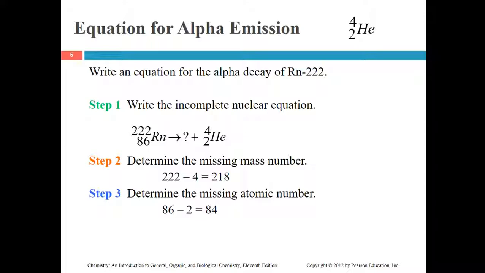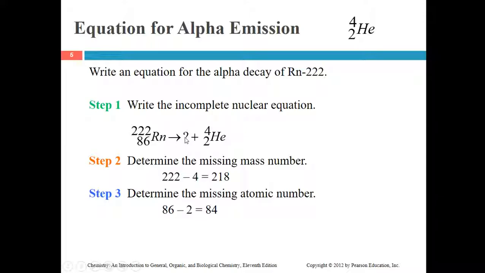And meanwhile, let's find that particular isotope of that element. 4 plus some number is 222. So 222 minus 4 is 218.